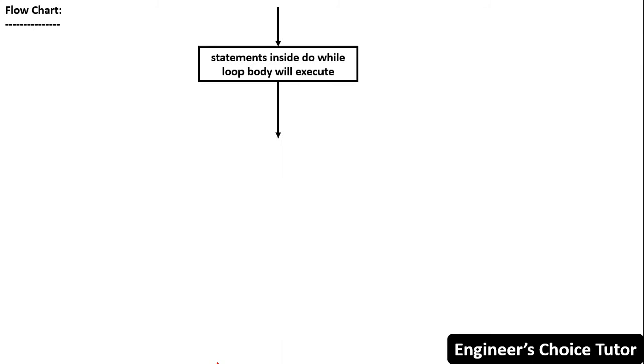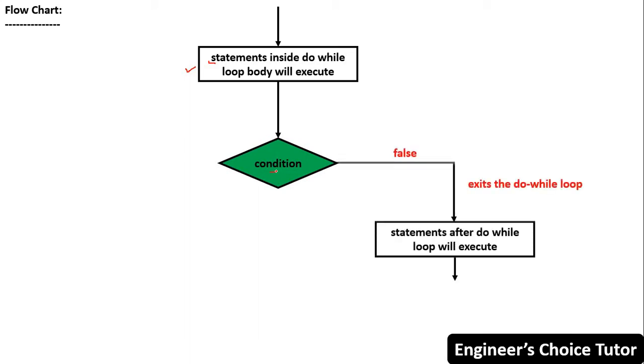Now let's understand the flow chart. First, the statements inside the do-while loop will execute. That is the reason I have mentioned that in a do-while loop, the loop body will execute at least once irrespective of the specified condition. Then the condition check will take place. If the condition is false, control will exit the do-while loop and the statements after it will execute.